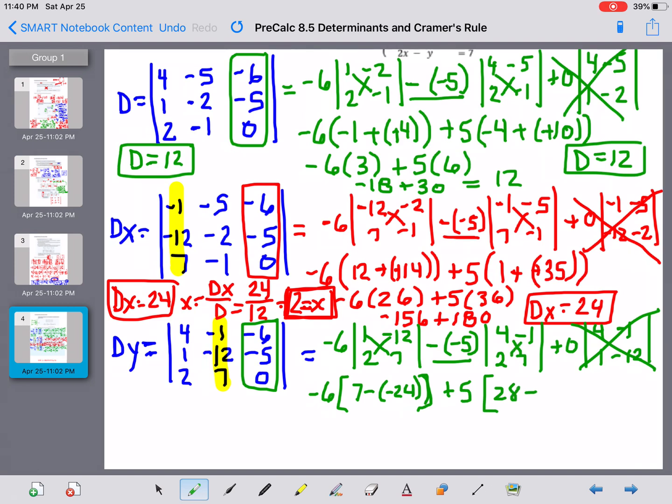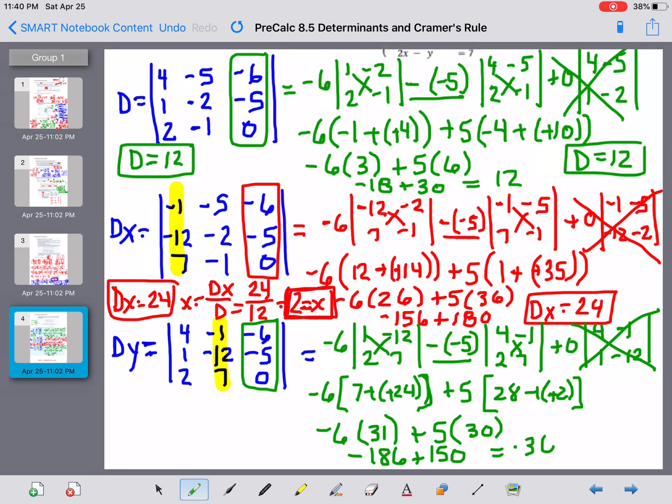Little math here. -6 times 7 minus a -24 becomes a +31. I get a 5 times 28 minus a -2 becomes a +30. I get a -186 plus a 150 gives me a -36, and that is my dy.